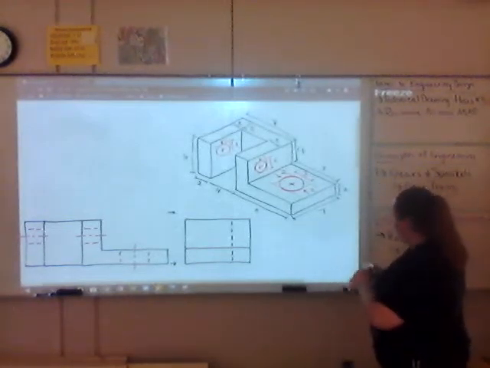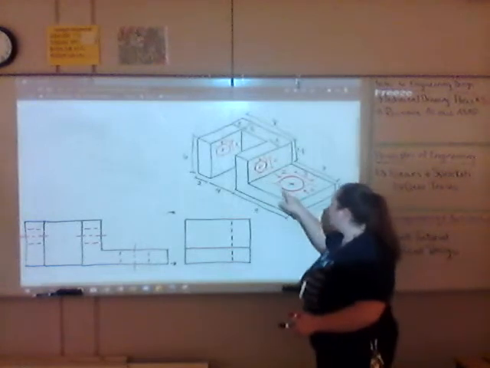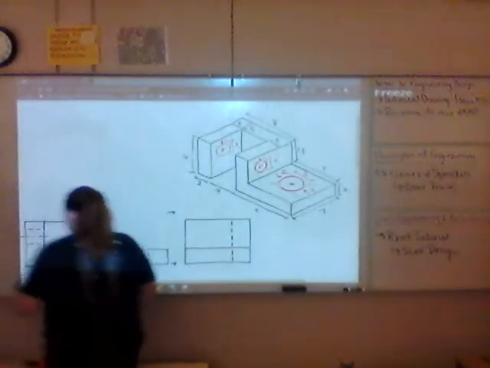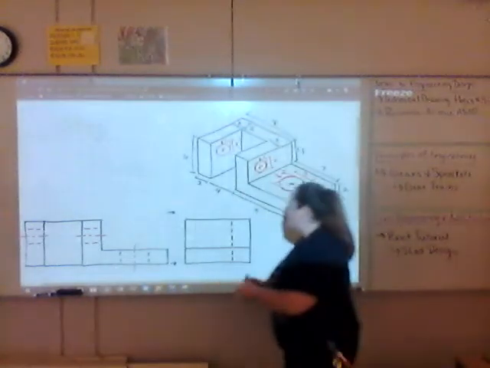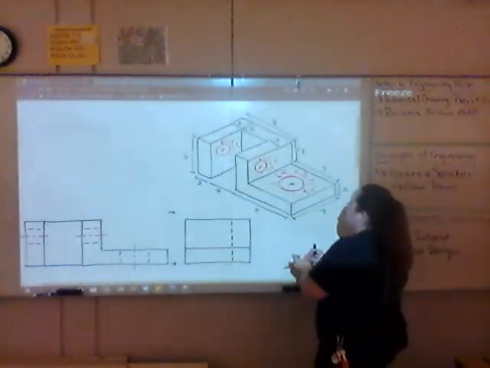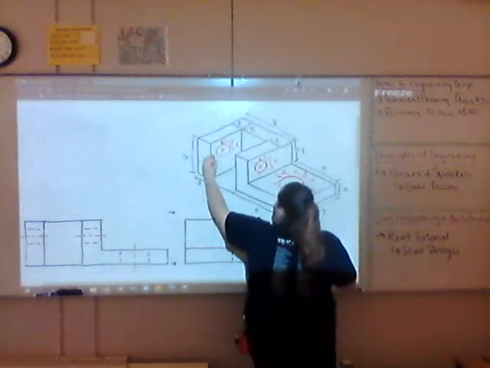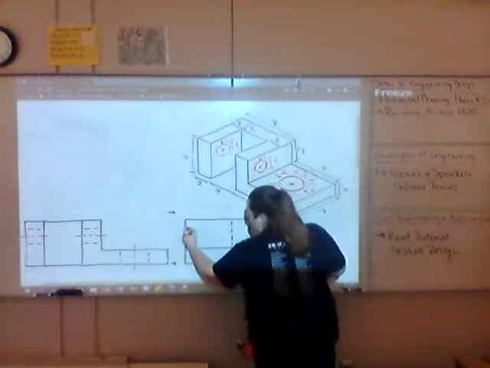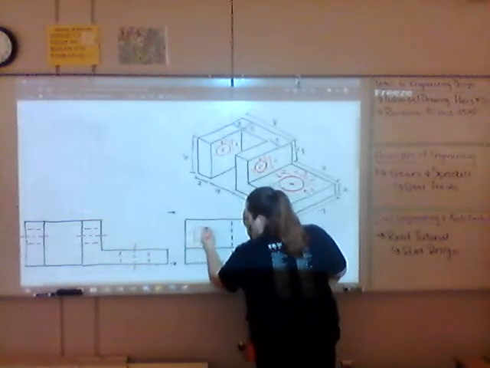So now we have to draw our circles and our hidden lines for the bottom circle. Like we said, it's 1 away from the top, but it's also 1 away from the front edge here. So we're going to have 1 here and a box here.